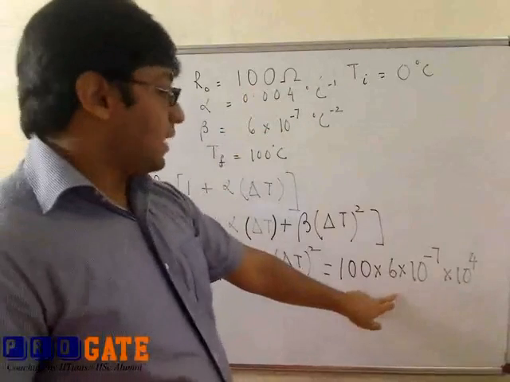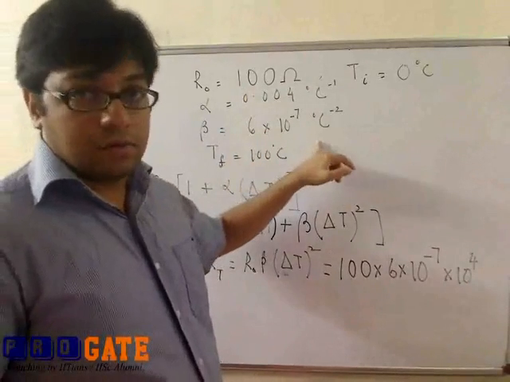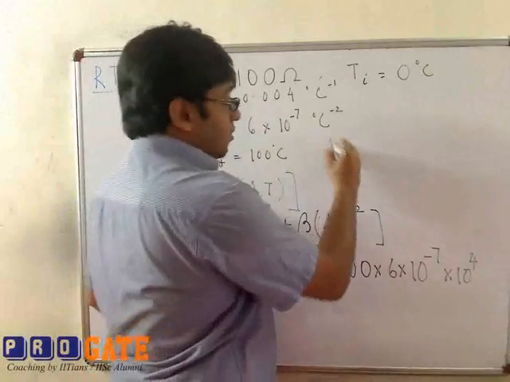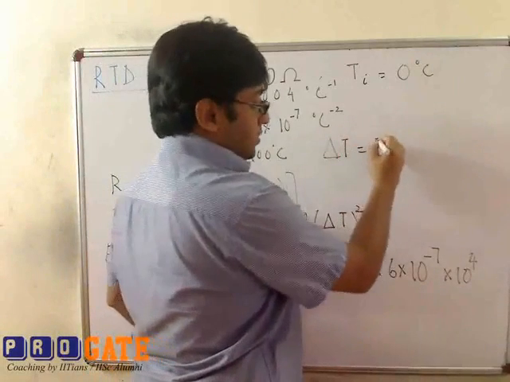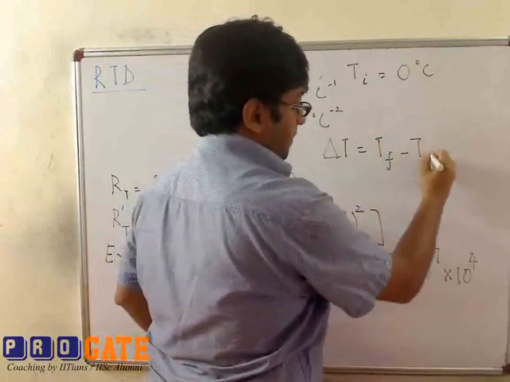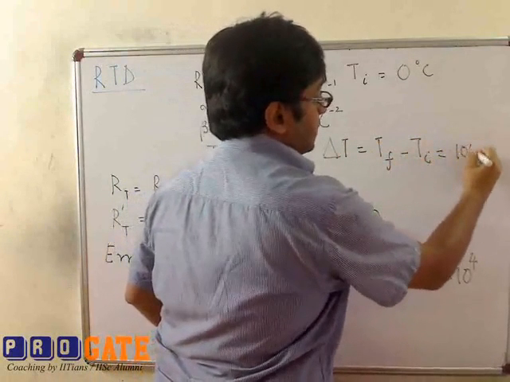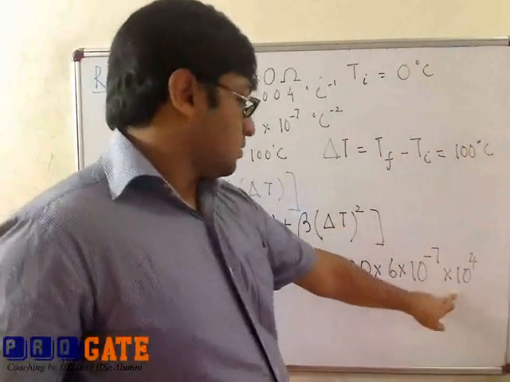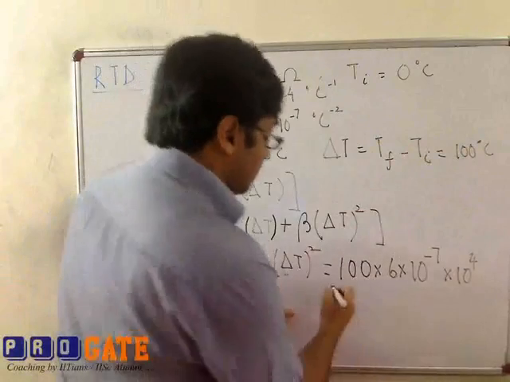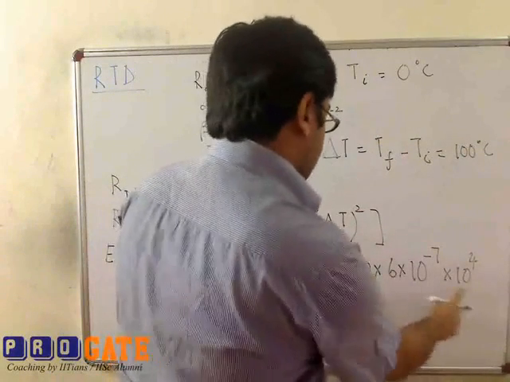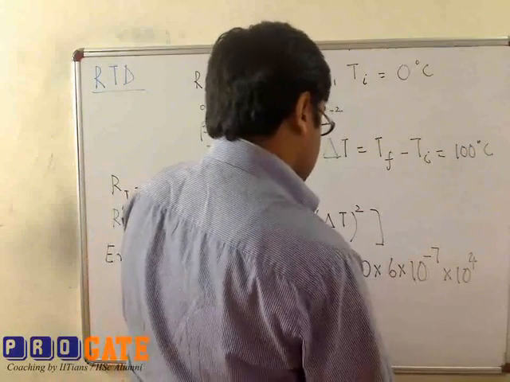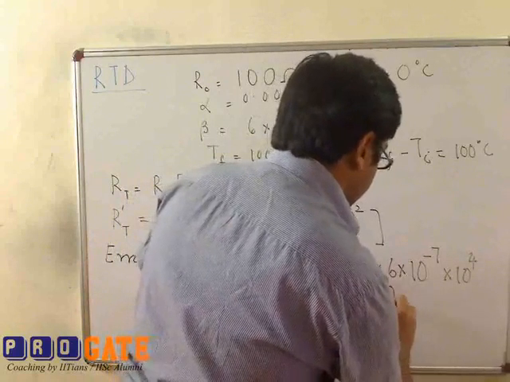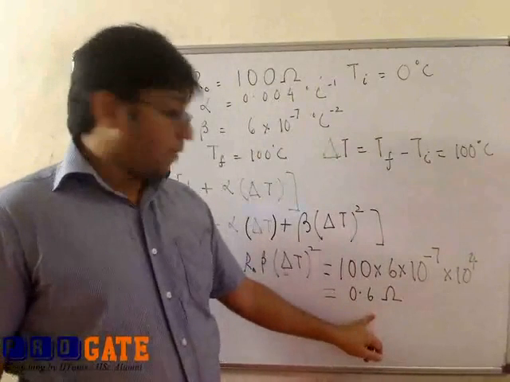We have the value of beta supplied to us, that is 6 into 10 to the power minus 7, and we have delta T, which would be equal to the final temperature minus the initial temperature. That would be 100 degrees Celsius. The square of that would give me 10 to the power 4. So this gives me an error of 0.6 ohms.